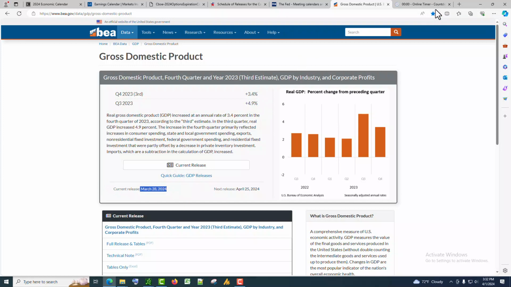All right, I think that's a brief review of the economic calendar, and how the markets move based on economic events, and we trade around that.